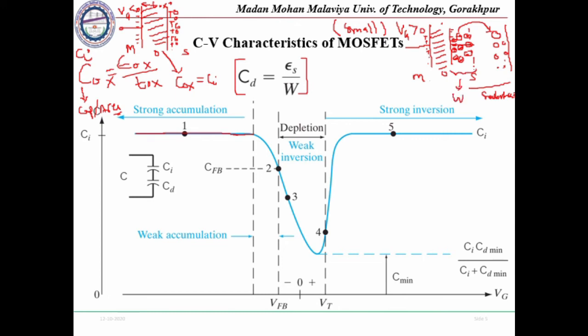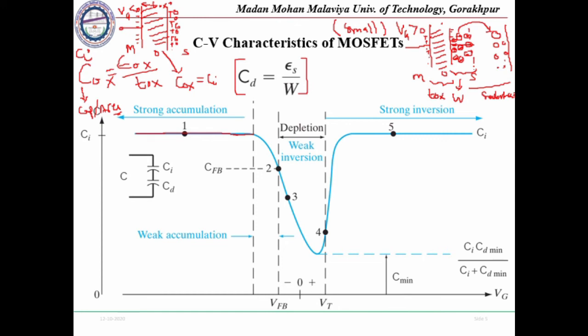And this is your TOX, that is the oxide thickness. So here one width is because of the oxide thickness, another is because of the depletion region.